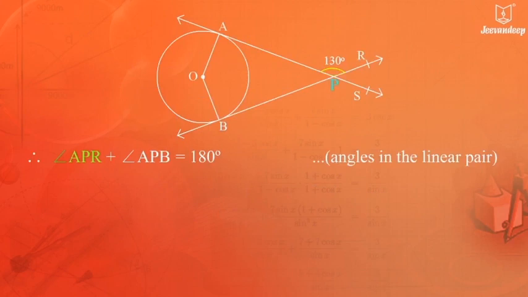Angle APR plus angle APB equals 180 degrees, being the angles in linear pair.